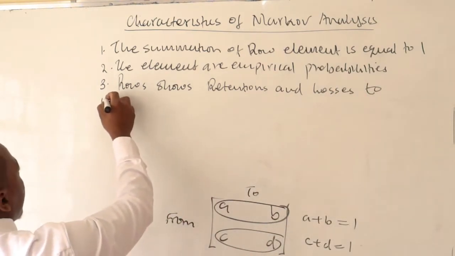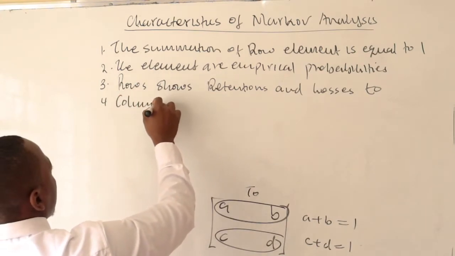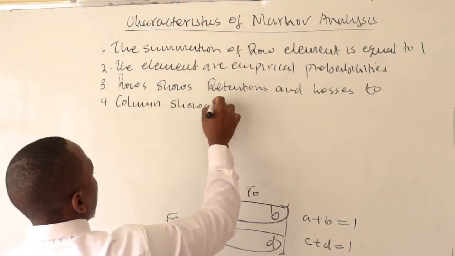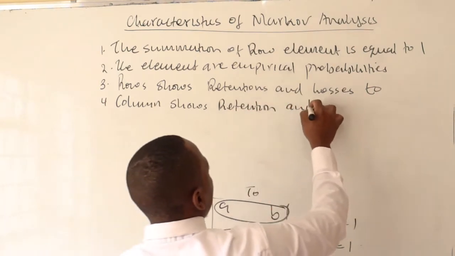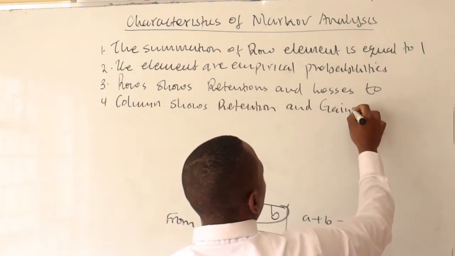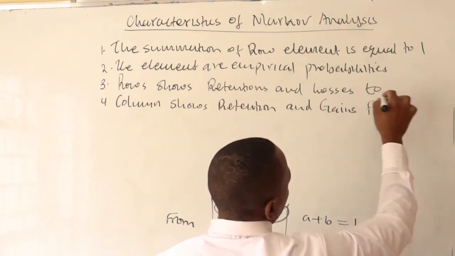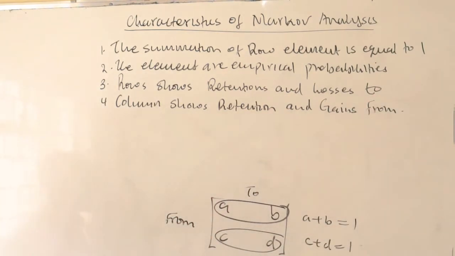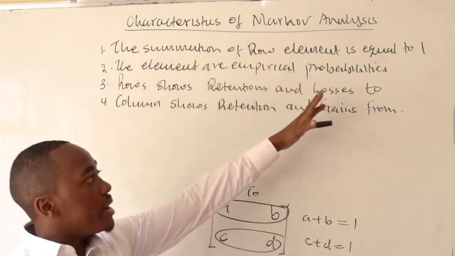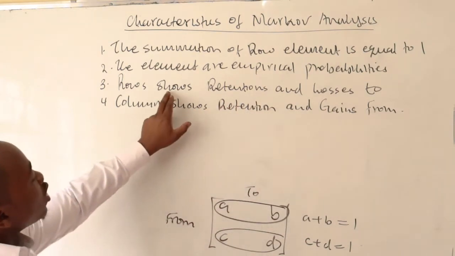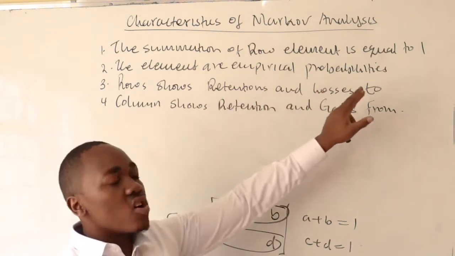And number 4 is that columns show retentions and gains from. Those are the characteristics of Markov analysis. The summation of row elements is equal to 1. The elements are therefore empirical probabilities. And then rows show retentions and losses too.